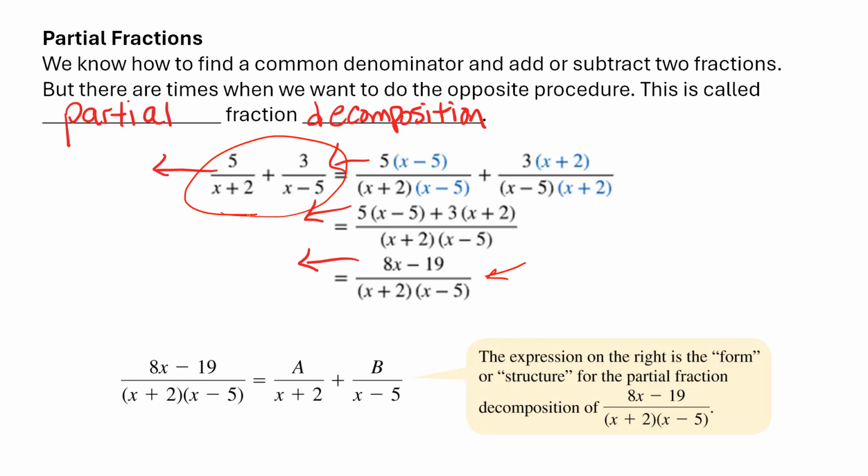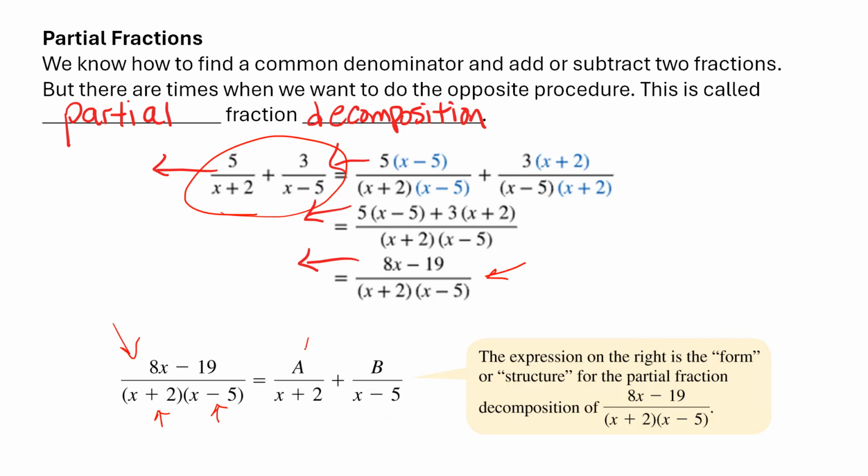If you start with a fraction like this and you want to decompose it, the first thing you do is look at the factors of the denominator, and you write a fraction for every one of those factors. So we have two factors here, x plus 2 and x minus 5. So we're going to write two fractions, one with the denominator x plus 2, one with the denominator x minus 5.